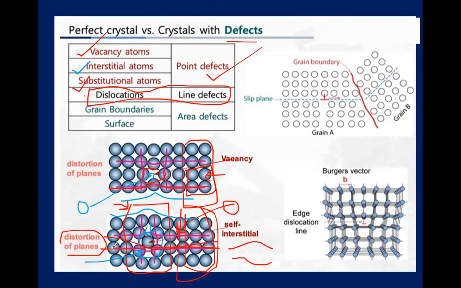If the entire line is defected, not just one single place like here, there can be some more replacements or some more missing ions along a single line. Then you can call it a line defect. It's not a point defect in that case because it is happening in a linear manner. So that is called a line defect.